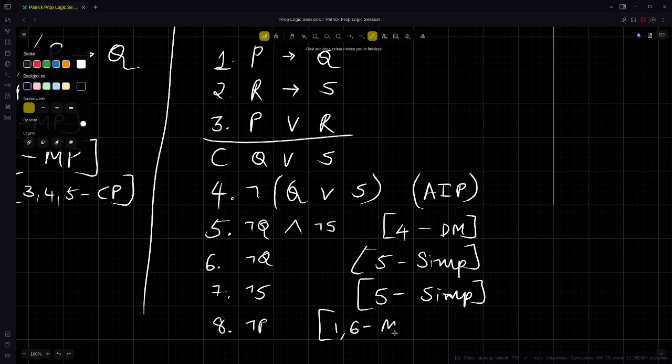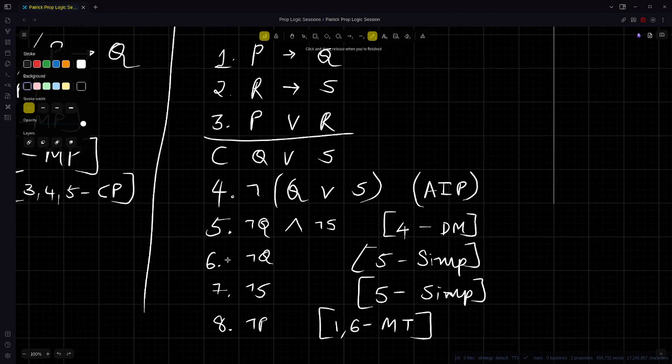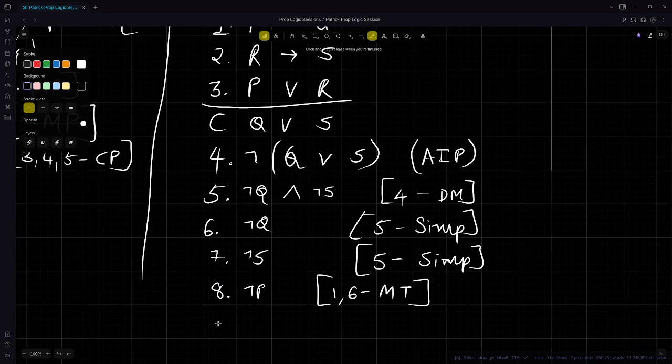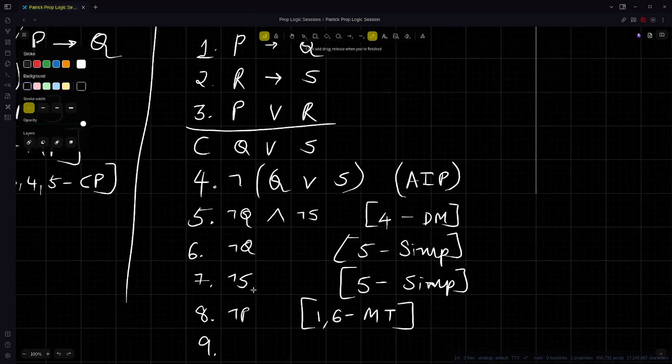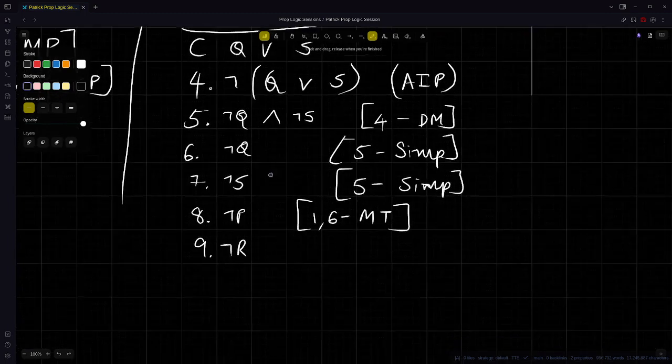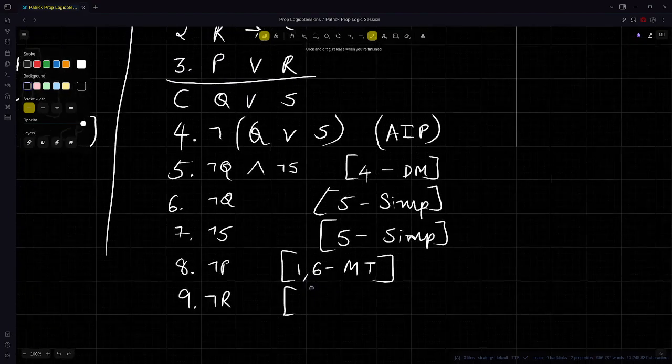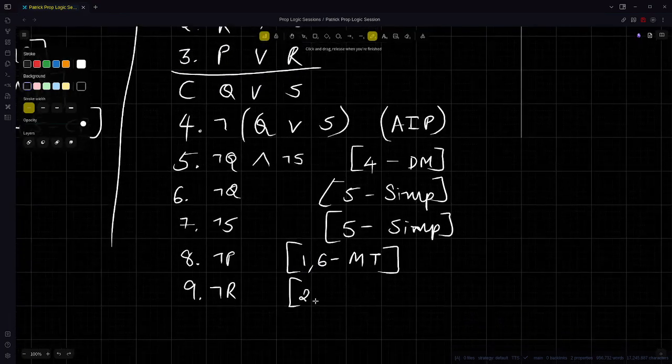That's modus tollens, right? Yeah. The next one, we can do modus tollens again on premise 2. So not R. Not R, exactly. And so that's 2 comma 7, modus tollens.